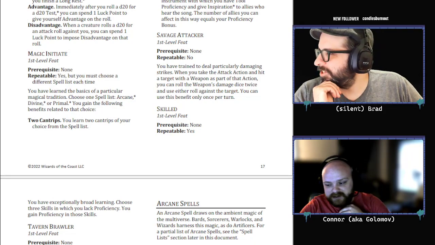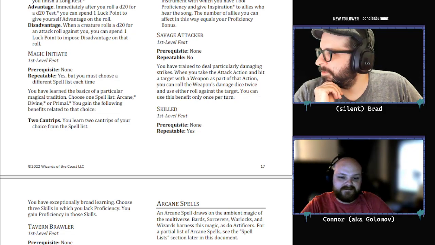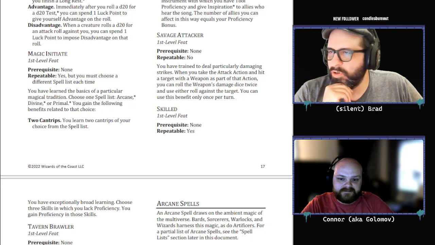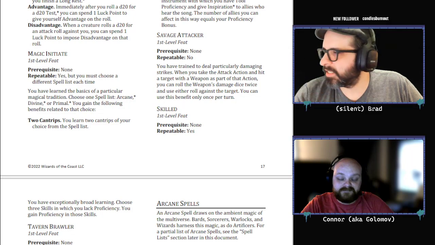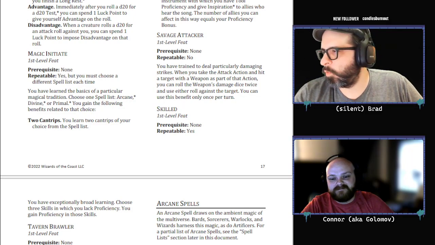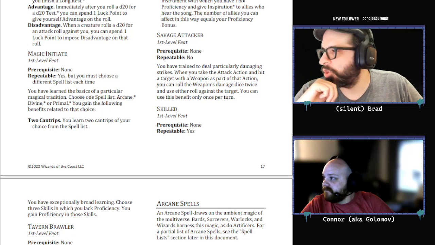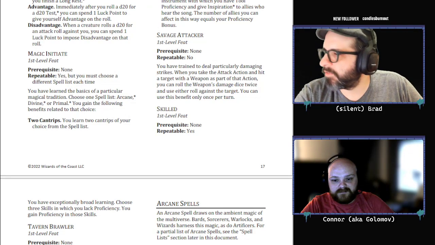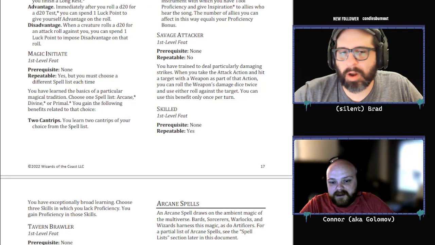So Savage Attacker. Before, you could reroll damage dice for melee weapon attacks and use either total. And what it is now, you can reroll damage twice and use either roll. So once per turn, it's exactly the same, only now it's saying once per turn. So before you could use it for every attack, even if you had 3 or 4 attacks in a round.